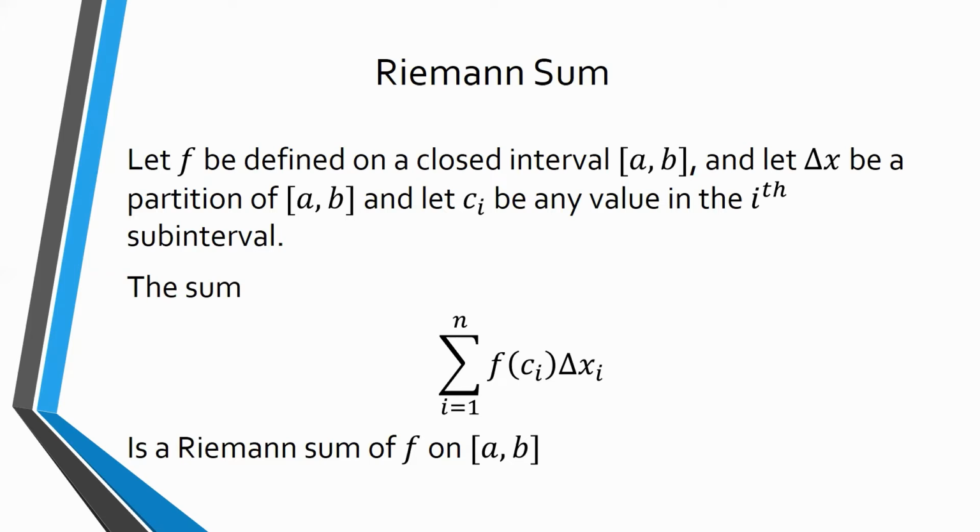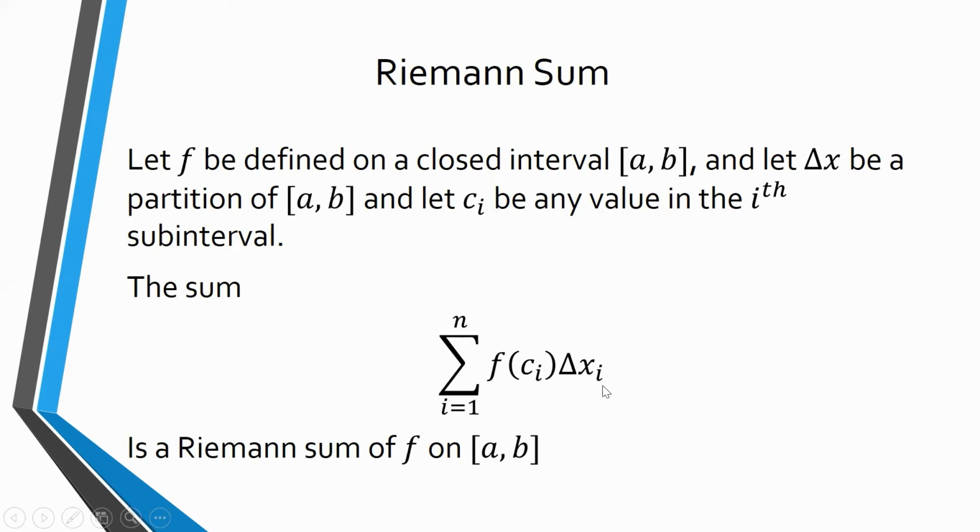Notice that the definition of a Riemann sum is a little bit looser than what we've been doing. We've used the left-hand value, the right-hand value, and the midpoint. This definition says let any ci be in the ith subinterval. Moreover, we've let delta x be a constant.